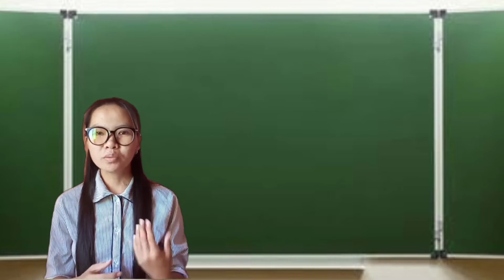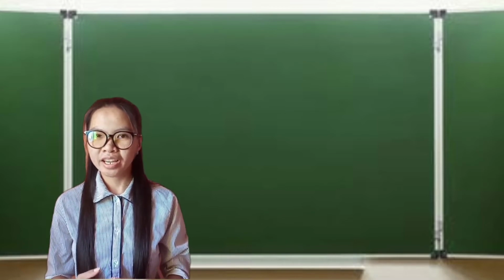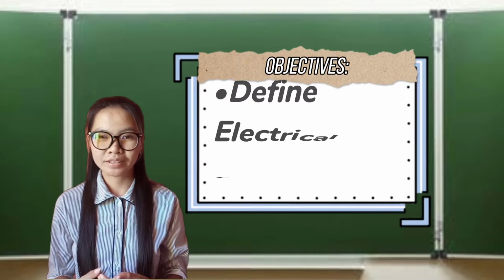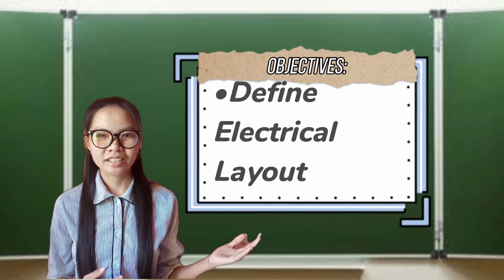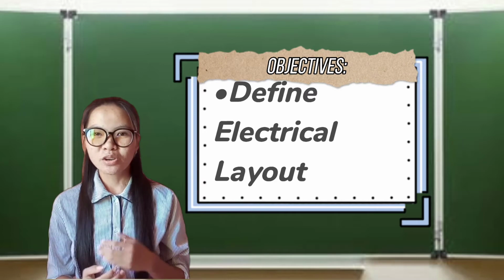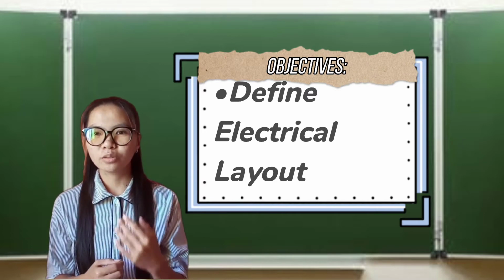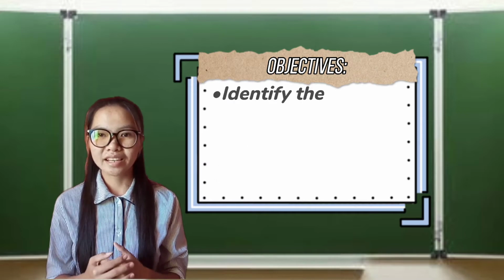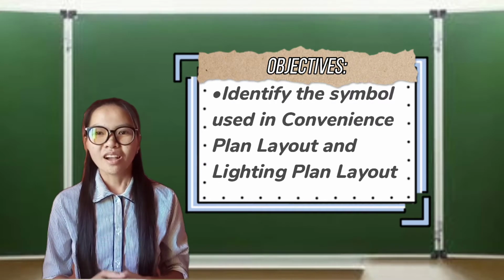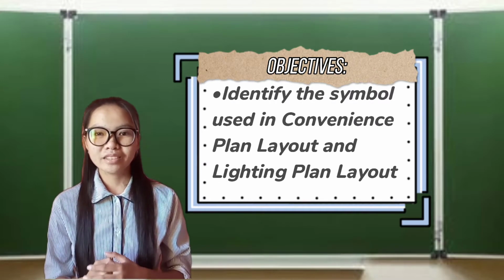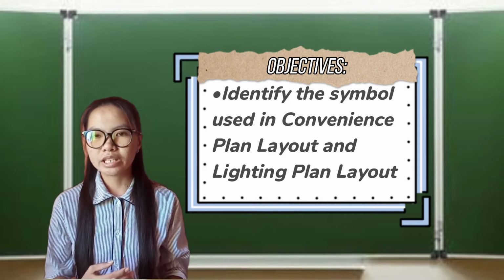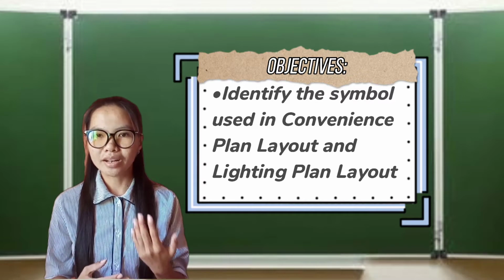Okay, before we move on to our topic for today, let us first know the learning objectives of our discussion. Kindly read. Okay, thank you. So as a student, you are expected to first define electrical layout. Second, you are expected to identify the symbols used in convenience plan layout and lighting plan layout.